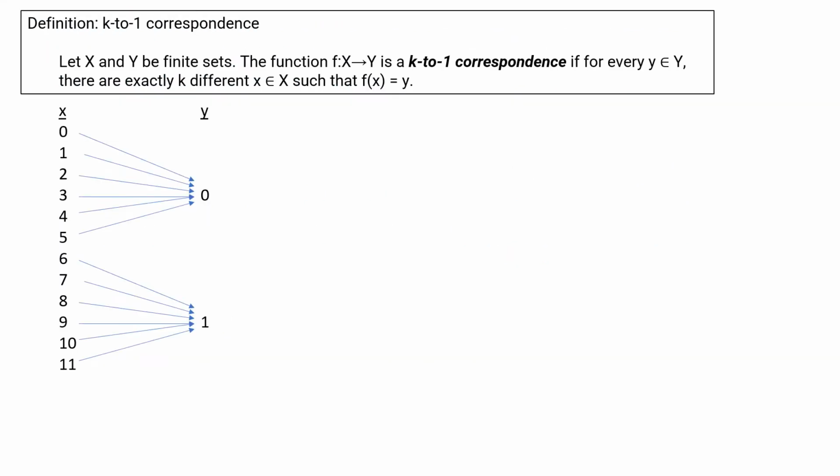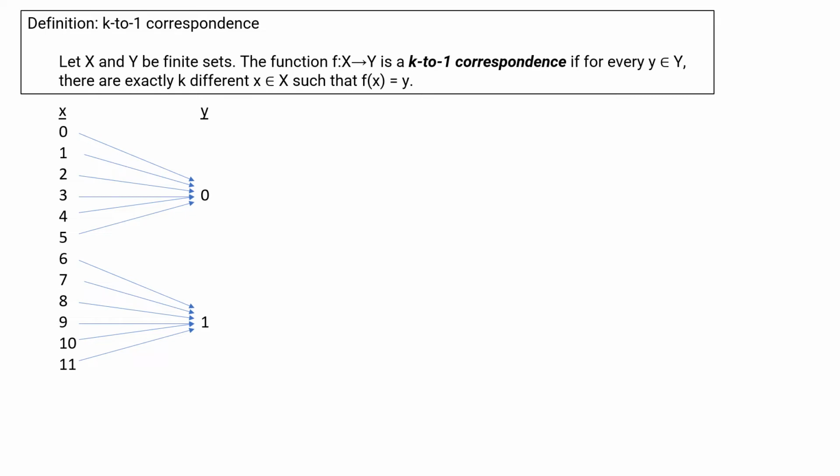Now there's another definition that we're going to be using later when doing some counting. And so I'll go ahead and go through this. It's a pretty easy concept. The definition is called a k-to-1 correspondence. Let's say that X and Y are finite sets.